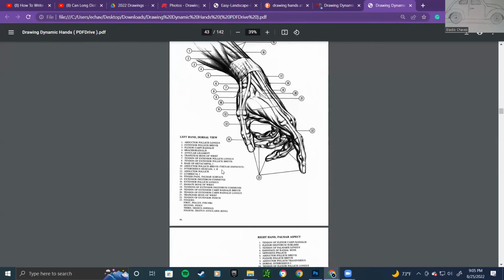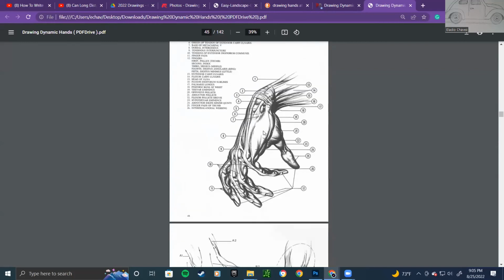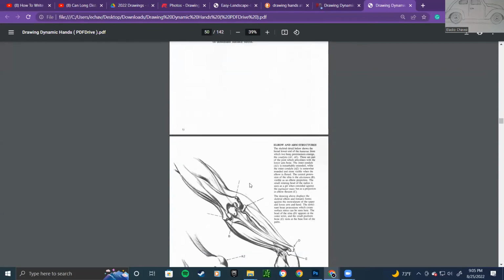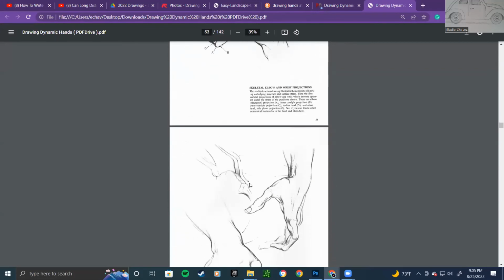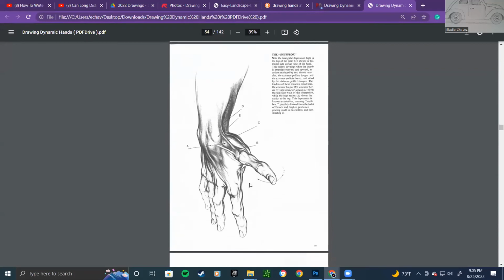Yeah, these are really good. I'm trying to find one that's simple, because see how there's a lot going on. They remind me of Spider-Man. Yeah, shooting his webs.